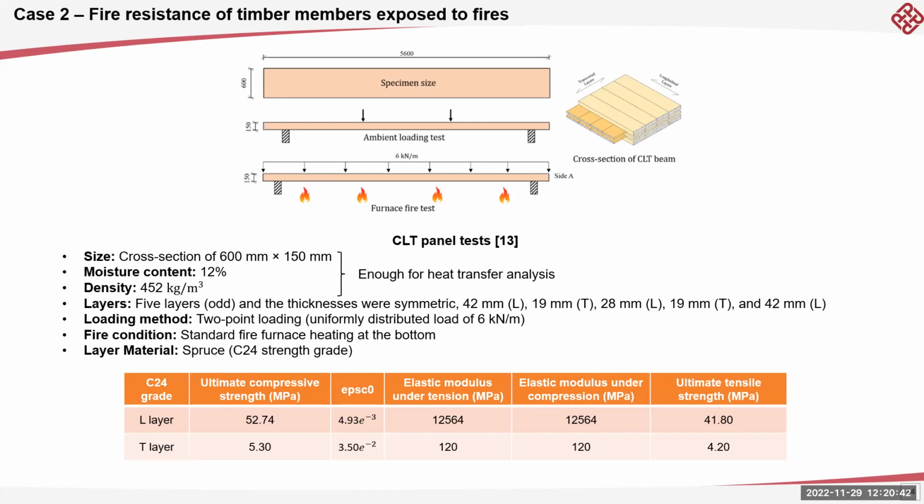And for the T direction layers, it was suggested to take 10% of the L direction layers, as in the report, except for the elastic modulus, which was suggested by the test data.